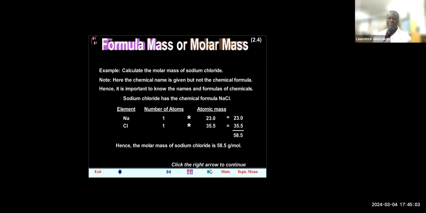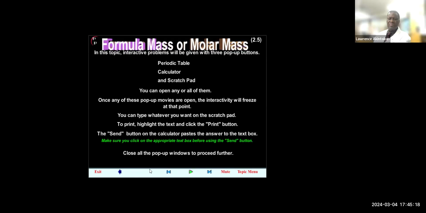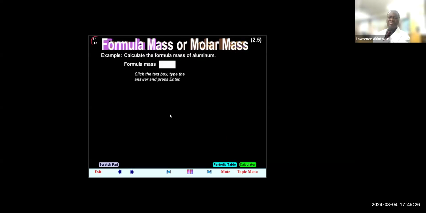So let's go to the interactive section. In this topic, interactive problems will be given with 3 pop-up buttons. And you can close all the pop-up windows to proceed further. Example, calculate the formula mass of aluminum.